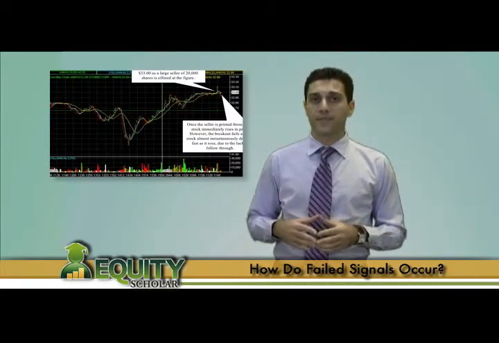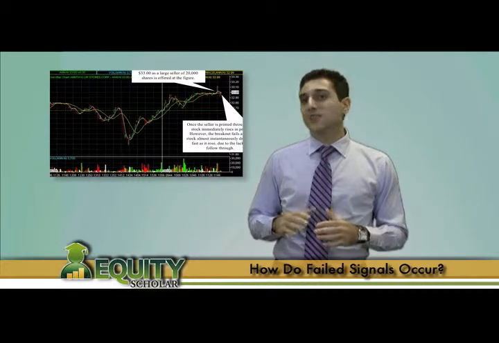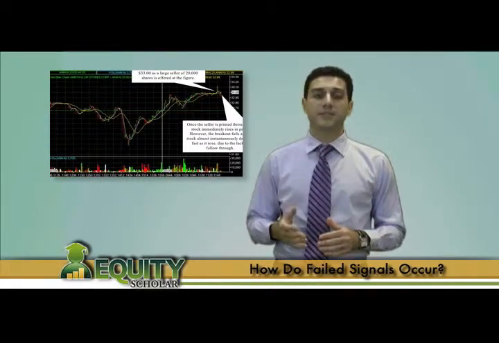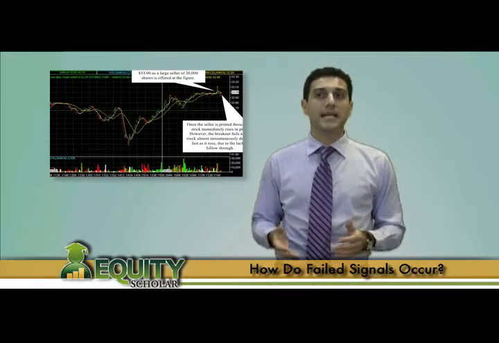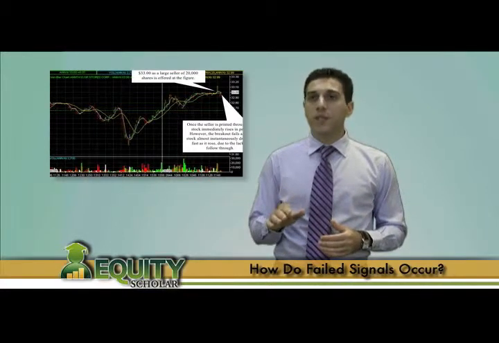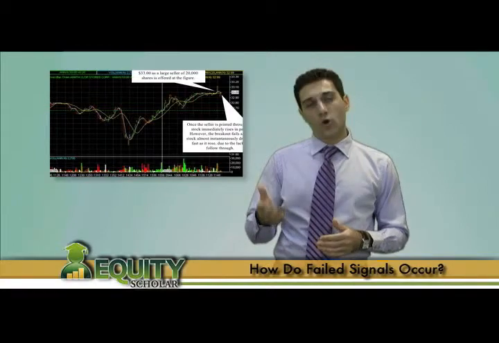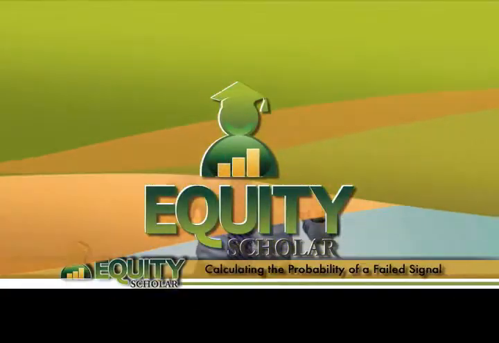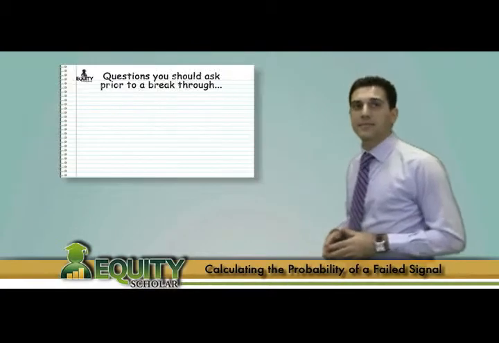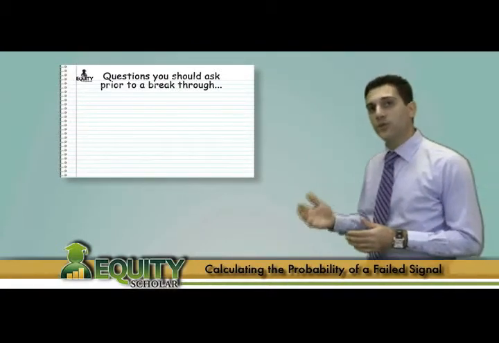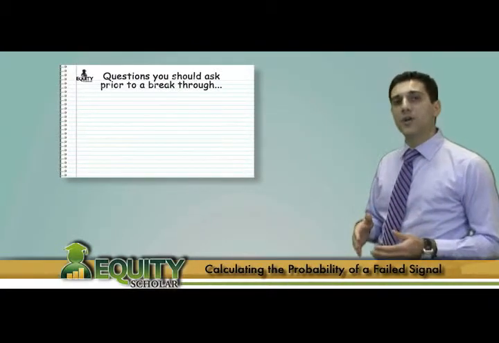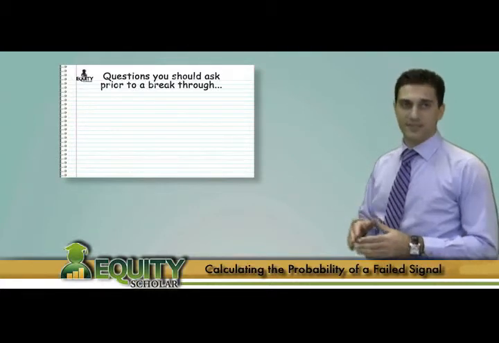While there is no way to be 100% certain whether a breakout or breakdown will be a successful one, there are ways to determine whether the break has a high or low probability of working. Here are some questions that you should be asking prior to entering into a breakout or breakdown to avoid getting trapped into a failed signal.